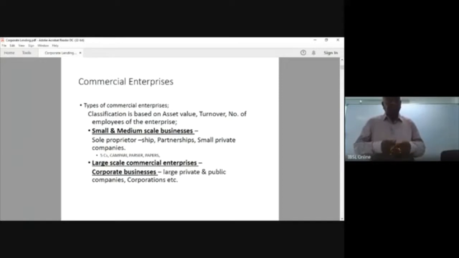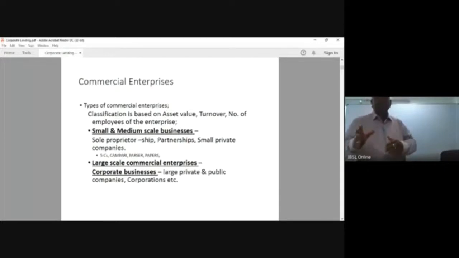We also studied certain tools for consumer credit evaluation, and the same can be applied to small and medium scale businesses.